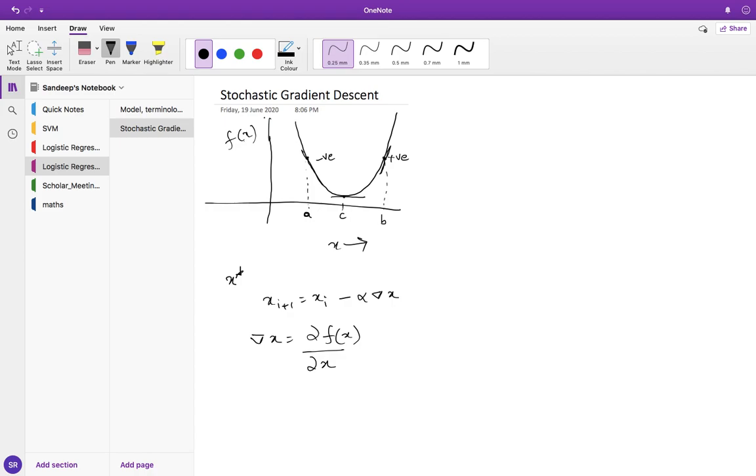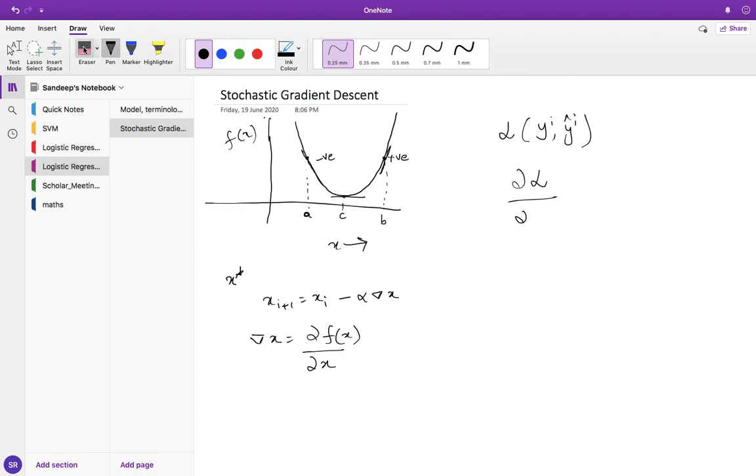Now we have to see how we can utilize this to compute the weights. We have a loss function in our logistic regression, which is notated as L of yi comma yi cap. Our goal is to differentiate L to find the weights.